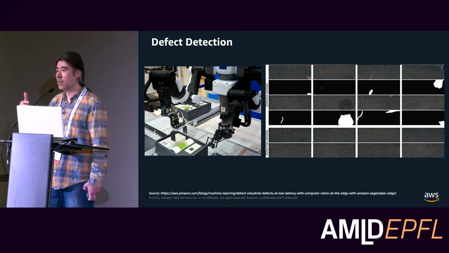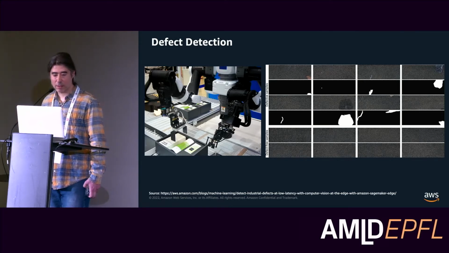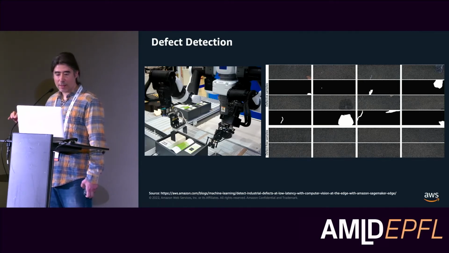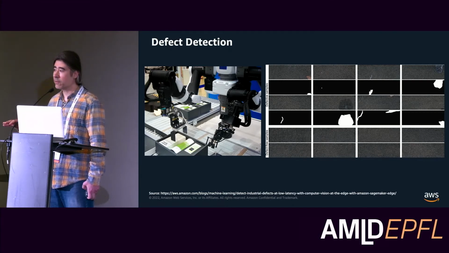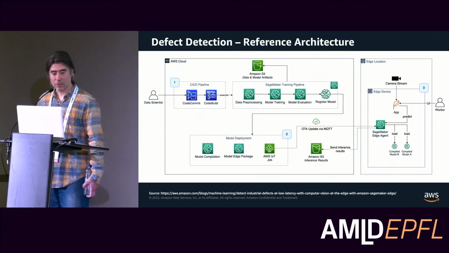Because in this case, they not only want to classify if the product has a defect or not, but also identify the place or the area of the defect, and also return a blob of the pixels corresponding to the area of the defect. So the second and the fourth row are the same, and the last two rows are just good products without defects. Okay, and this is the reference architecture of this solution.